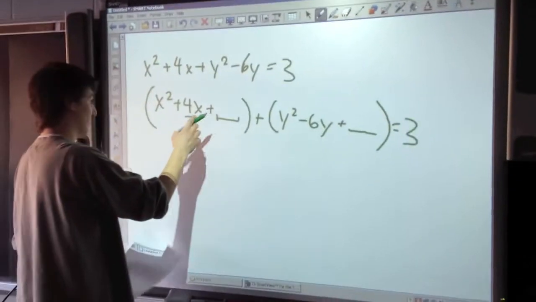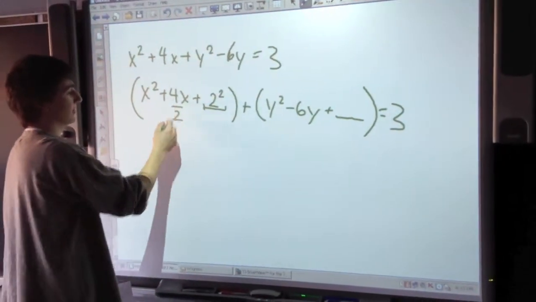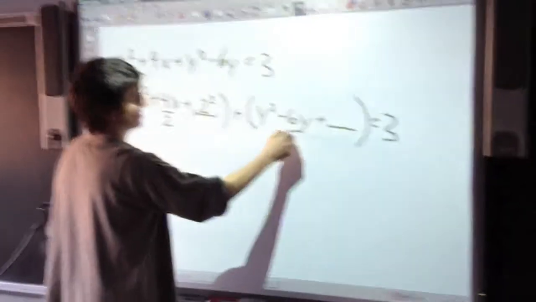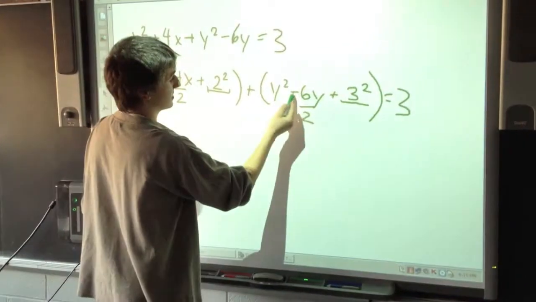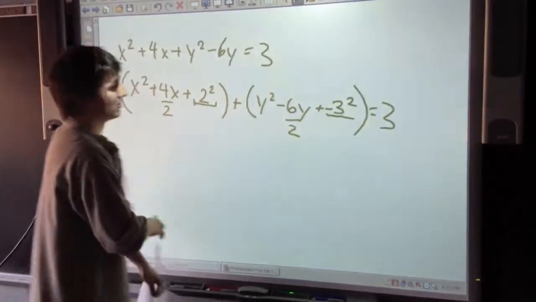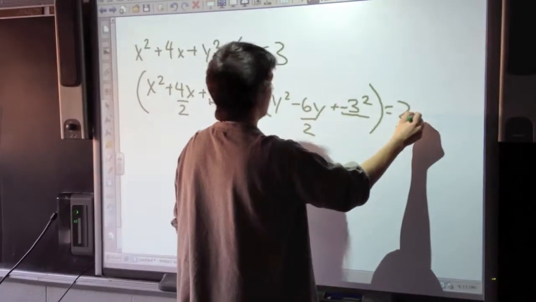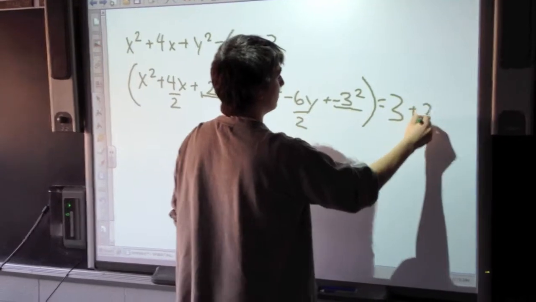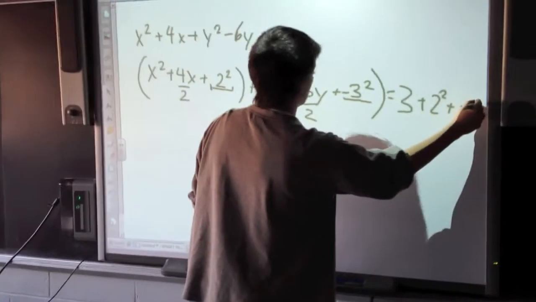So for example, it's 2 squared, because that divided by 2, and then you divide this by 2, and that's 3, so it's minus 3 squared, and then you add that to each side, so plus 2 squared plus minus 3 squared.